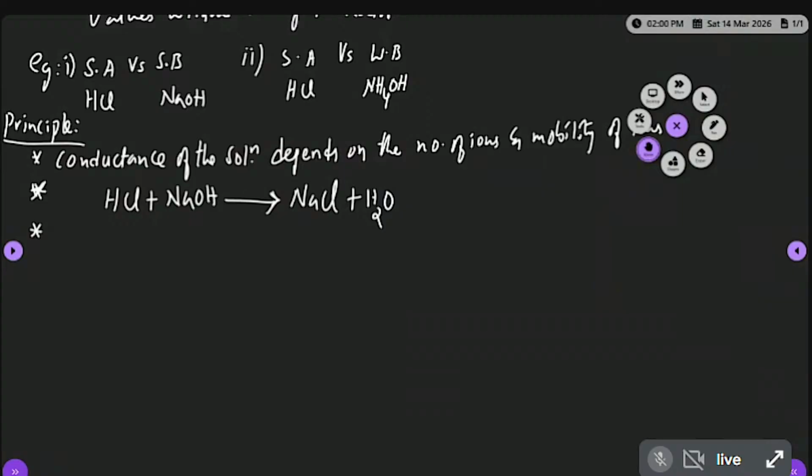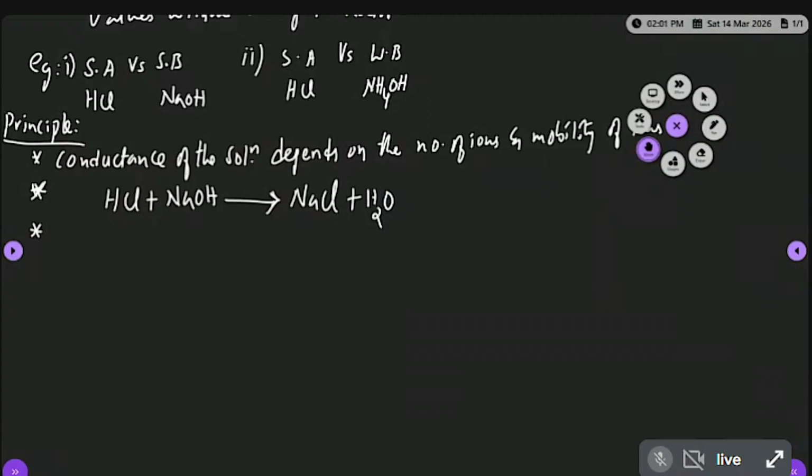In the periodic table, the lightest element is hydrogen. So the mobility of hydrogen is high, and HCl is a strong electrolyte. Due to these two reasons, HCl has high conductivity. Clear? And what happened during titration?